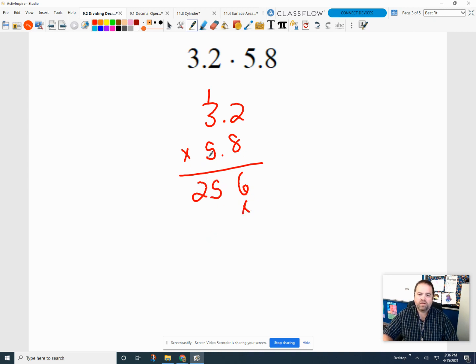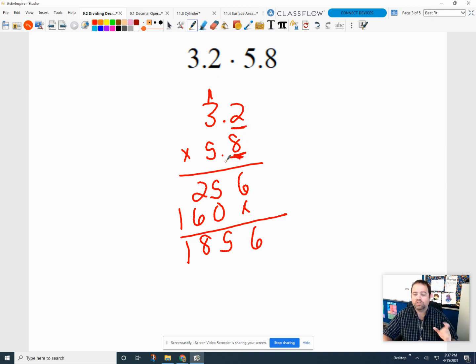Skip my spot here. 5 times 2 is 10, carry the 1. 5 times 3 is 15, plus 1 is 16. Okay, add them up: 6, 5, 8, 1. I had 2 places in my original problem, so I need to have 2 places in my answer.